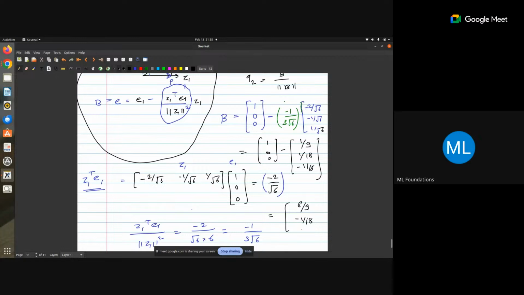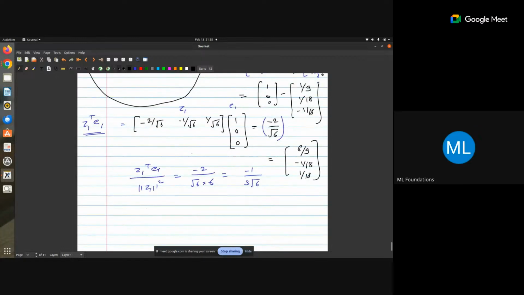You can actually take some values common. So I'll get 8 minus 1 by 2 and 1 by 2. So it's 9.